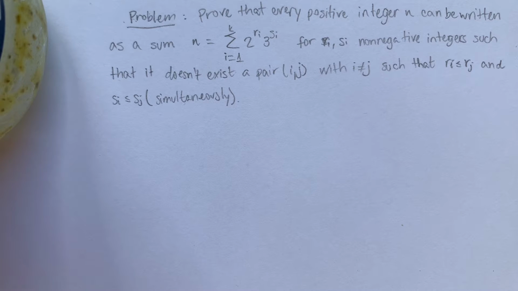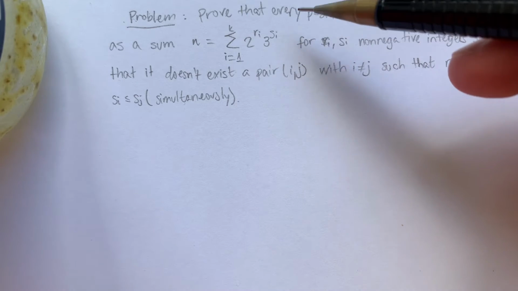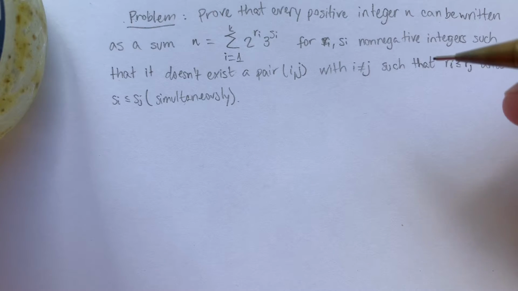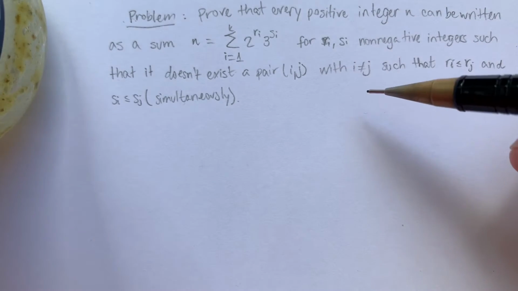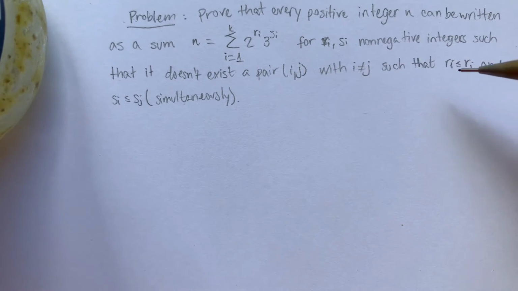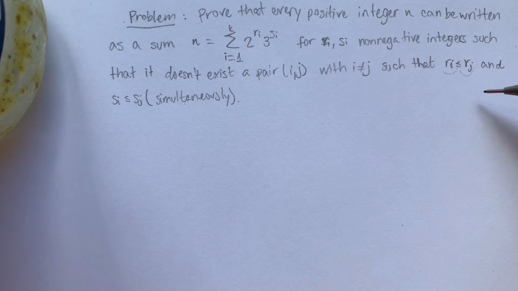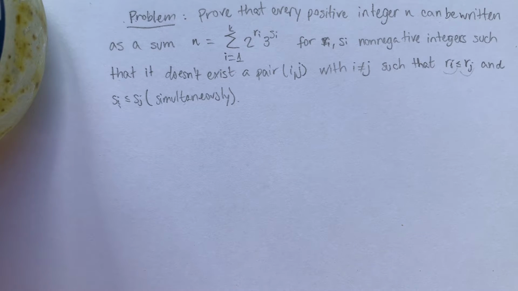This problem says: prove that every positive integer n can be written as a sum of terms of the form 2 to the ri, 3 to the si, for ri, si non-negative integers, such that there doesn't exist a pair of distinct indices such that ri is smaller than or equal to rj, and the same for the exponent s.